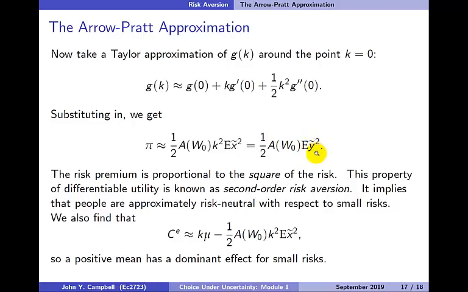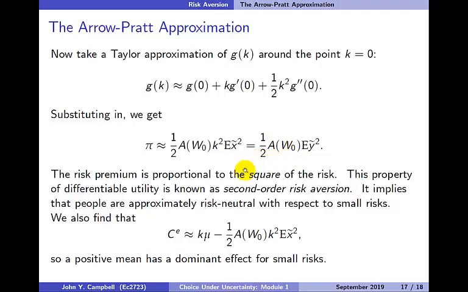Okay, and the risk premium is also proportional to absolute risk aversion. So here we can see that absolute risk aversion is a very useful quantitative measure of the risk premium, the observable quantity that people are willing to pay to get rid of a risk.